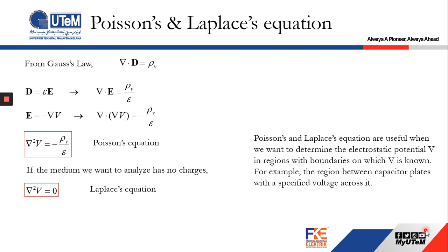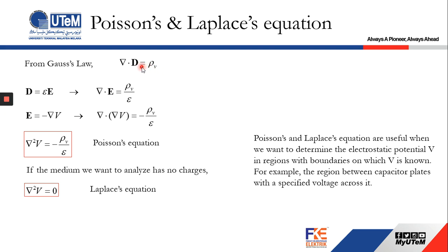As an extension, we also need to know about Poisson's and Laplace equation. Now, from Gauss's law, we know that the divergence of the electric flux density, del dot D, is equal to the volume charge density.